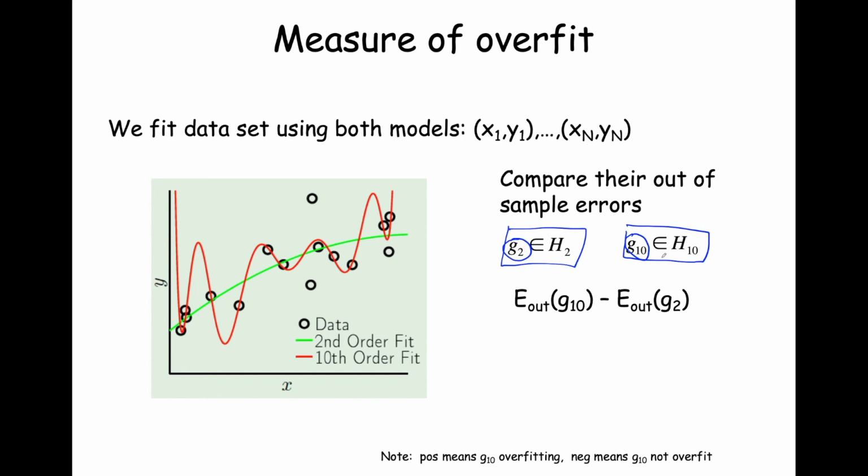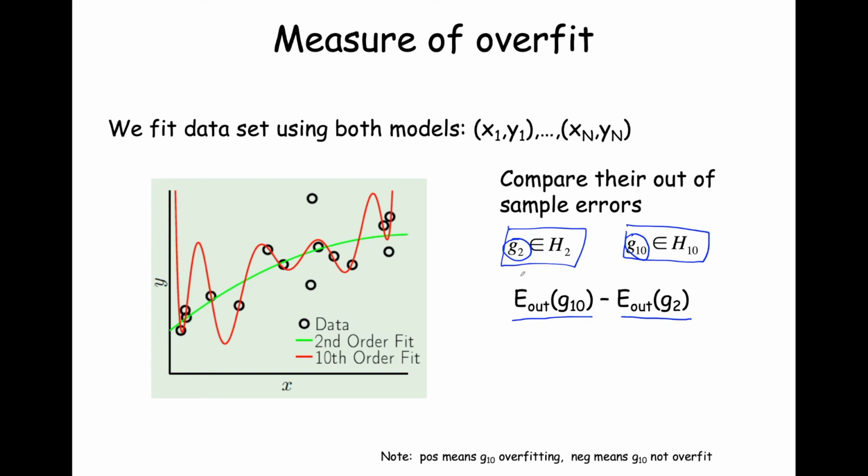And so, to look at overfitting, we're going to represent that as the difference between the out-of-sample error of our high complexity final best hypothesis and our low complexity final best hypothesis. So here we represent the difference between E out of our high order final best hypothesis and E out of our low order one.